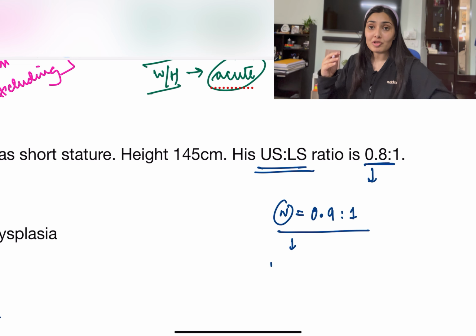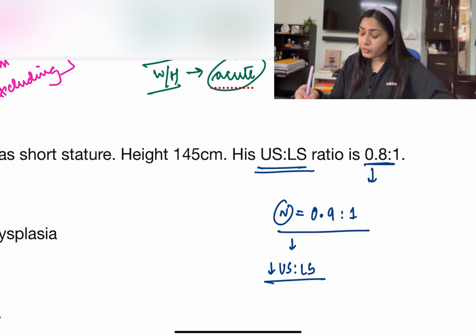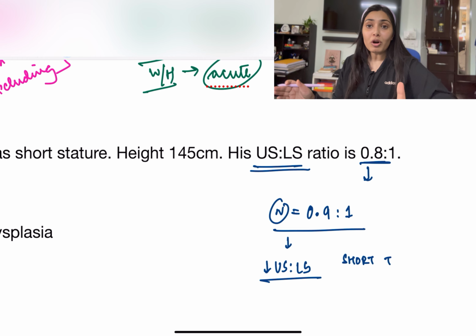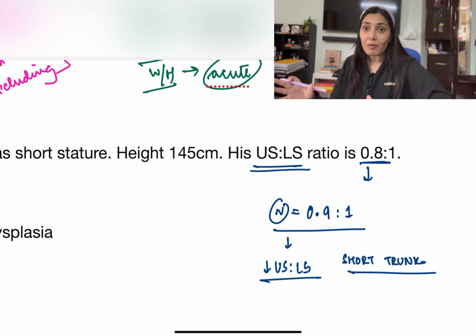My upper segment is decreased, so this child has something known as short trunk dwarfism, right? Short trunk dwarfism is seen whenever my spinal structures are affected in some way, like pot spine, spondyloepiphyseal dysplasia, storage disorders, mucopolysaccharidosis, right? So let's look at the options.